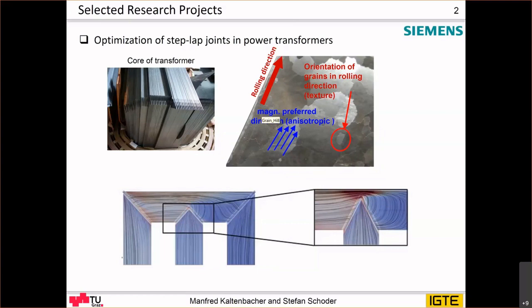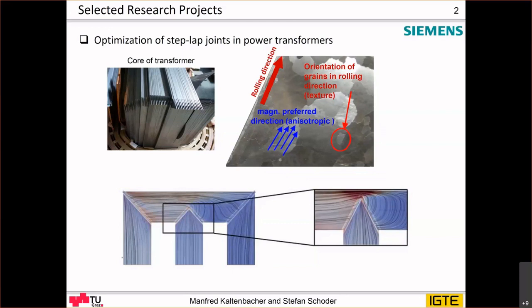Clearly there are some engineering formulas on the market, but for such anisotropic materials, they are not really working well. You have to calibrate them with measurements, but when you get new steel sheets, the question is how good your fitted formulas are. And the main object of this project is the question of how we should form especially this T-joint as standard here, or make it like here, in order to reduce the losses.